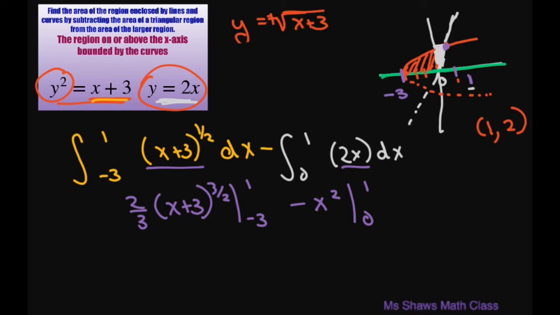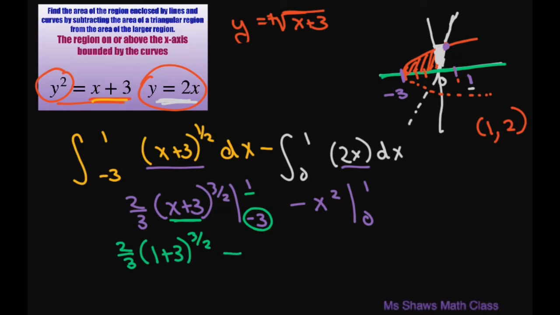Now, when you substitute in 1, you're going to get 2/3 times 1 plus 3 to the power of 3/2. When you substitute in the negative 3, that's just going to be 0 there. Now, let's do this piece.